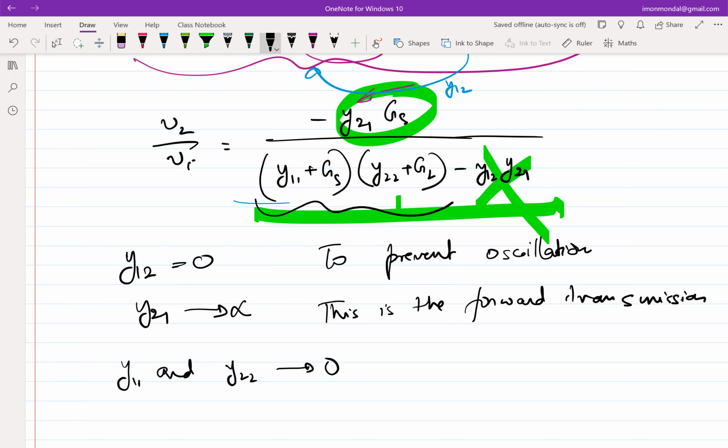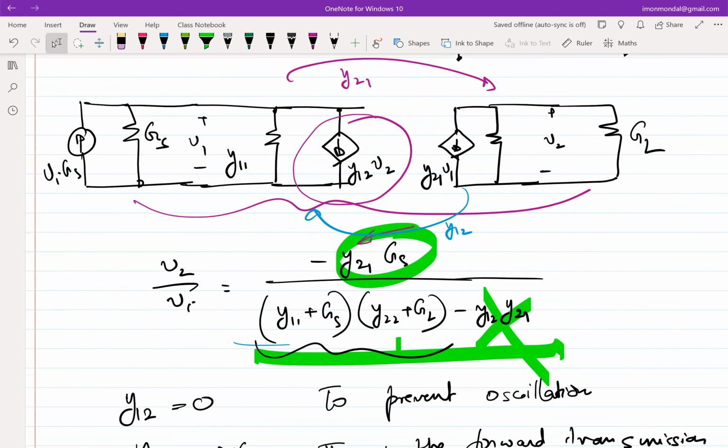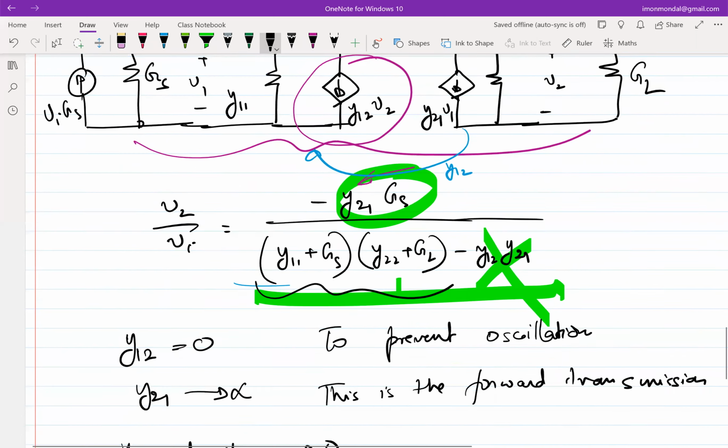But what does that mean in terms of our circuits? Now, y12 to be 0 makes sense because that is a feedback action, so I want to nullify the feedback. If I can null the feedback, so let me redraw.